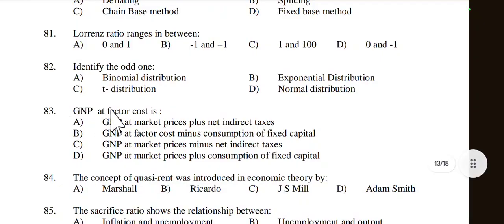Question number 82. Identify the odd one: binomial distribution, exponential distribution, t distribution, normal distribution.